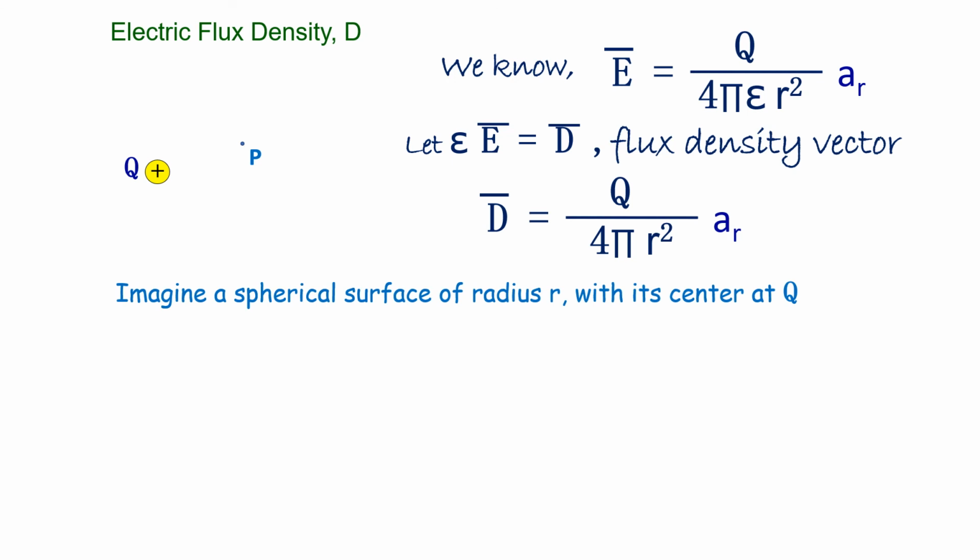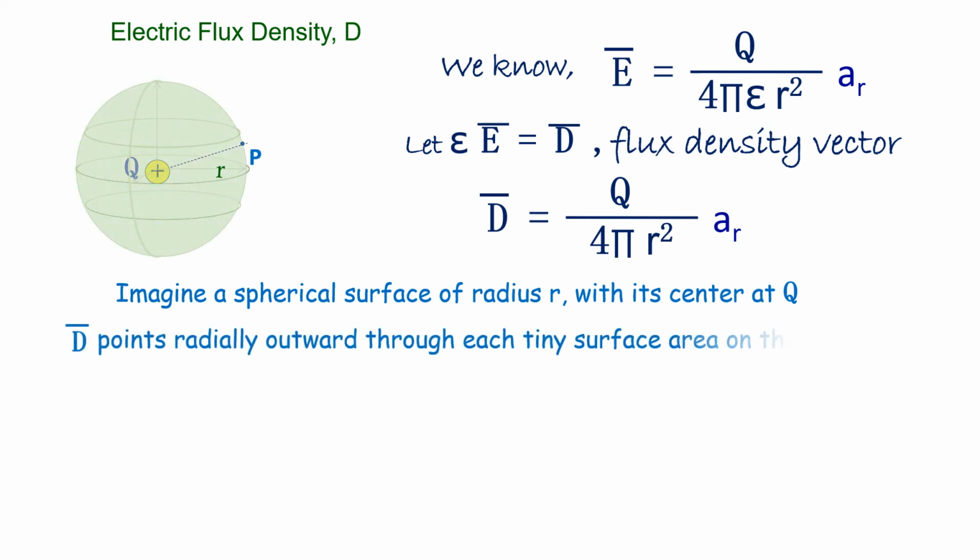Imagine now a spherical surface of radius R with its center at Q. The D bar vector points radially outward through each tiny surface area on the sphere. You can see now an elemental tiny surface area at the point P in the figure.